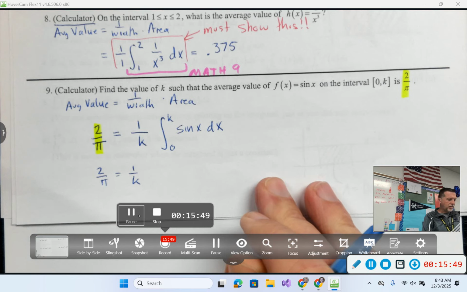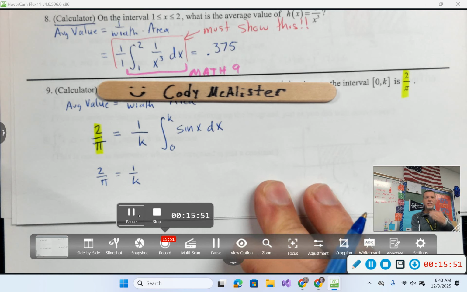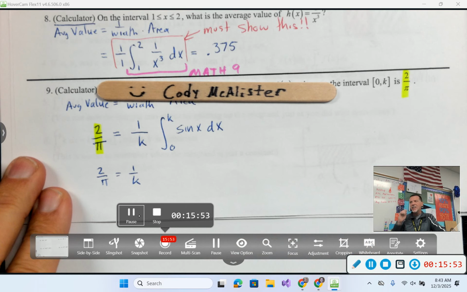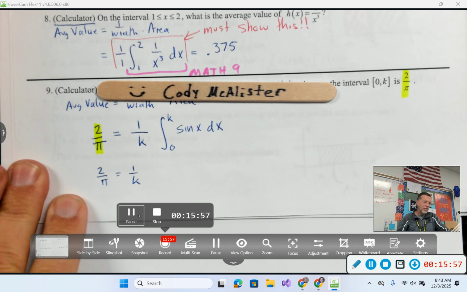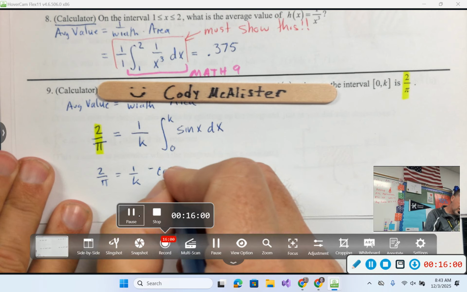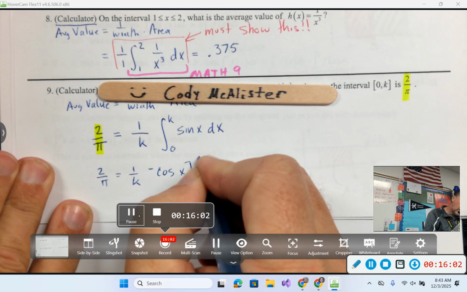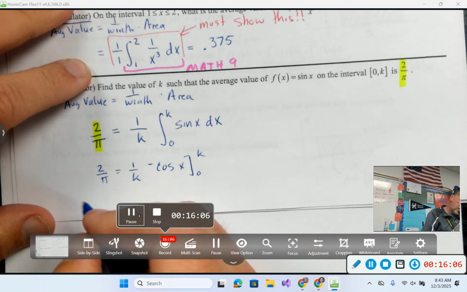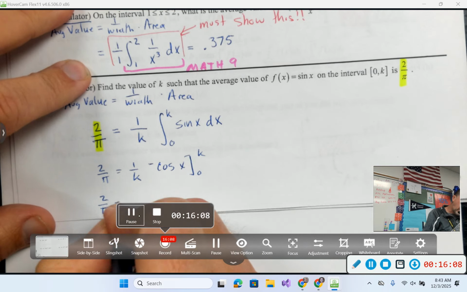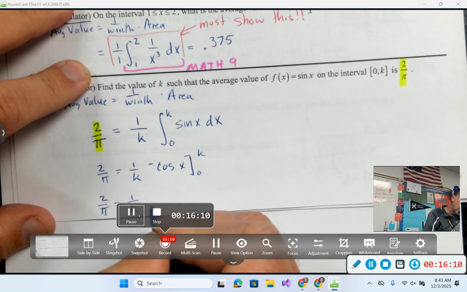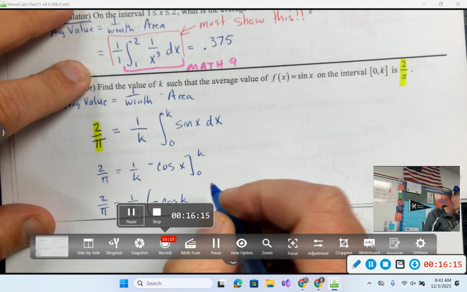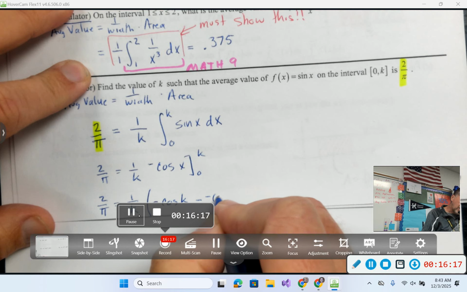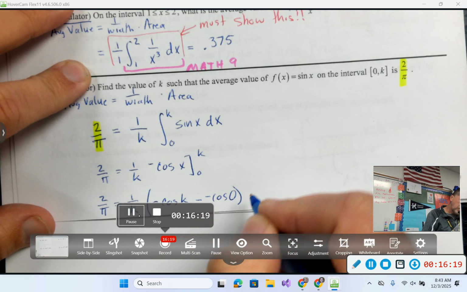So I need the antiderivative of sine. Cody, what's the antiderivative of sine? Good, negative cosine. Okay, so 2 over pi equals 1 over k times negative cosine of k minus negative cosine of 0.